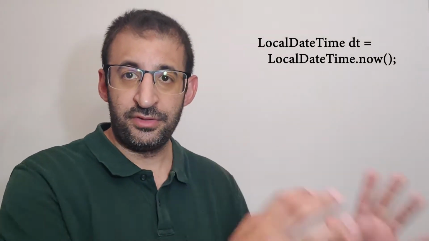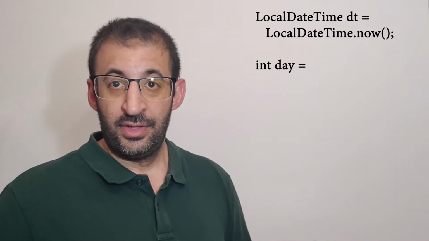So we put LocalDateTime dt equal LocalDateTime.now() to retrieve date and time together, not separately. Now, if I want to get the current day, year, month, hour, second, we have the same methods as before. If I want to retrieve the day, I put int day equal dt.getDayOfMonth().